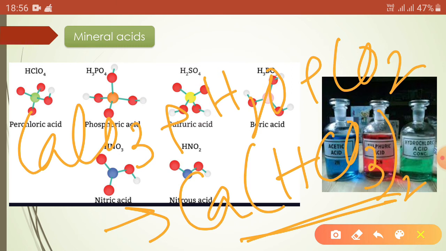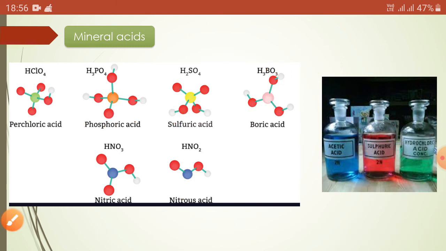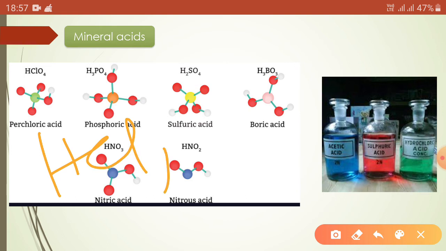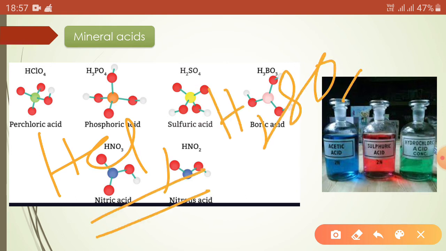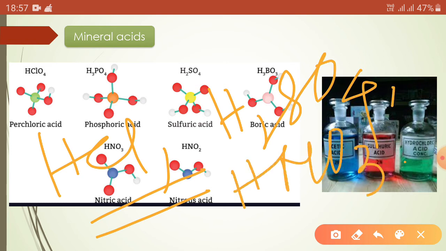Now we are taking some common properties of acids. Acids give H+ ions, we know, and when an acid reacts with a metal it gives us hydrogen gas. So this shows that all acids contain hydrogen. For example, HCl, hydrochloric acid, H2SO4, sulfuric acid, or HNO3, nitric acid.